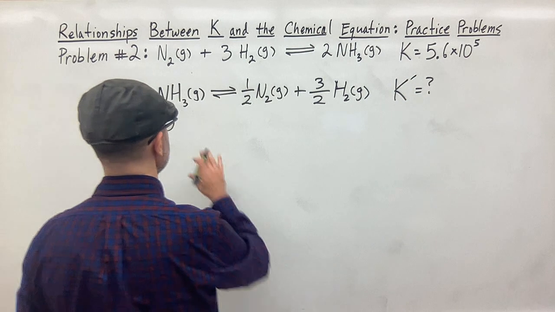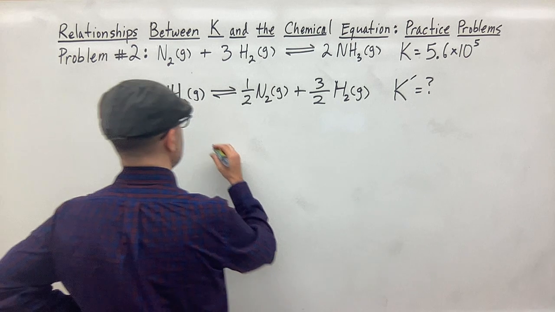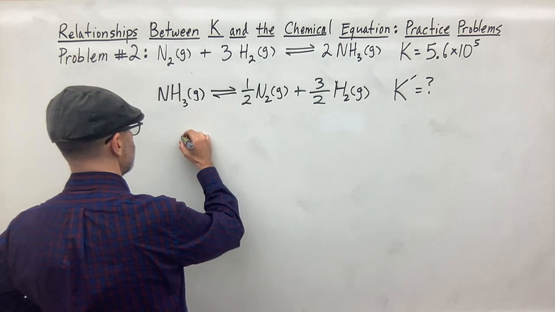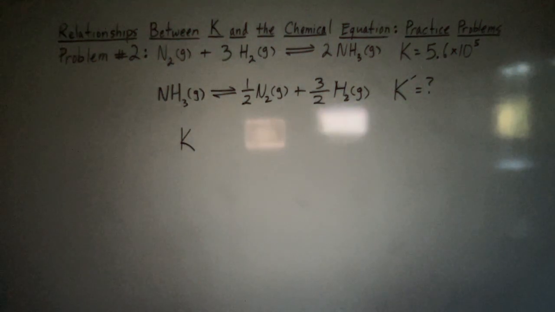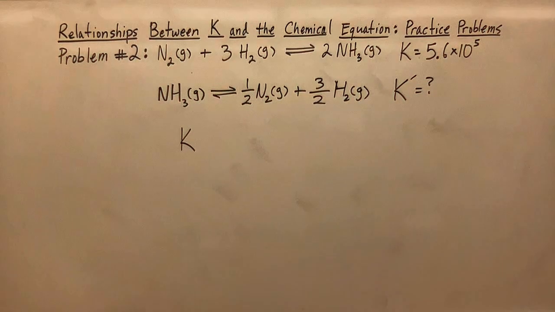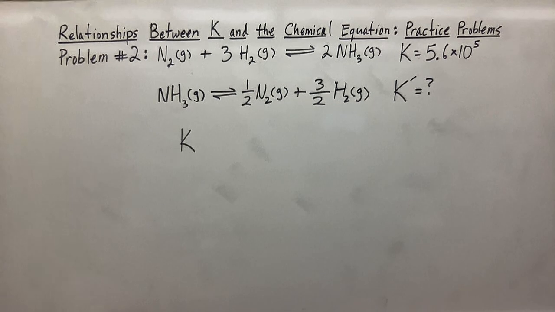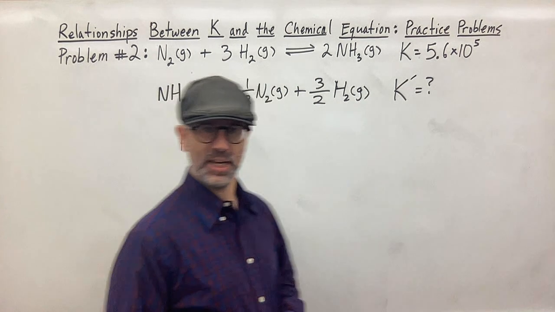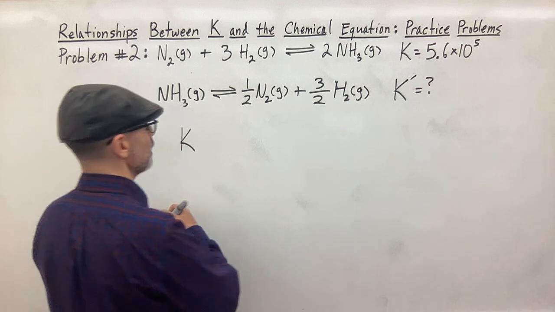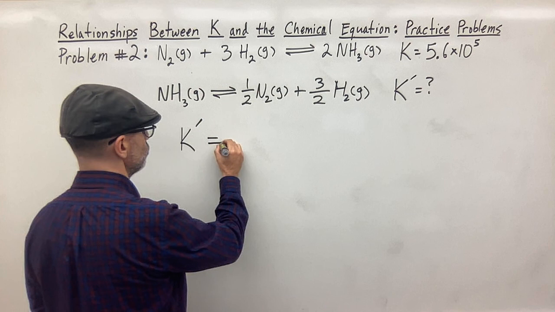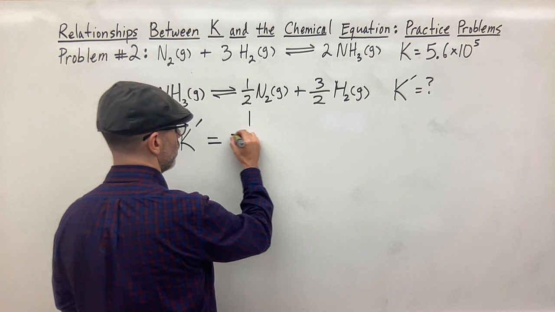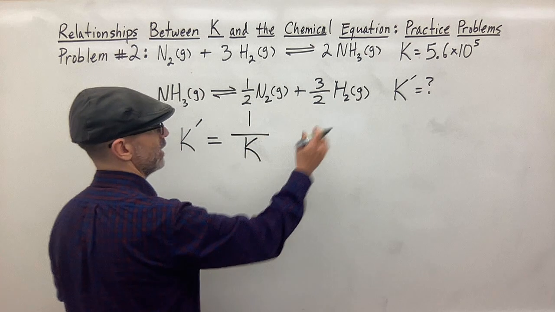Because it's flipped, the new K value, K prime, is at least equal to 1 over the original K of this reaction.